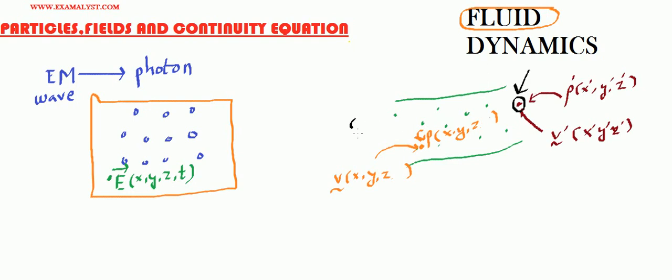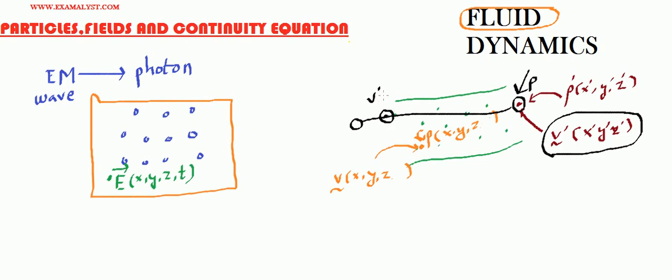So you had a ball here moving through the fluid, and you calculate the velocity of the ball at each point. You found that velocity at this location, let me call this location P, is equal to v dash of x dash, y dash, z dash. Now the velocity of the ball at another location may be different, so let me call this v double dash.